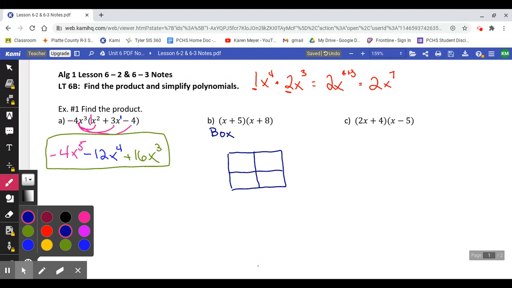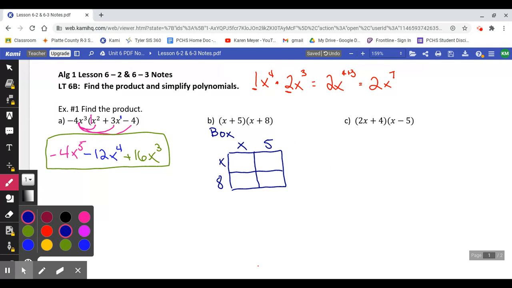My first parentheses, I'm going to put on the top outside of the box. So I'm going to put x and 5. The second parentheses is going to go on the outside of the side of the box. So over here, I'm going to put x and 8.